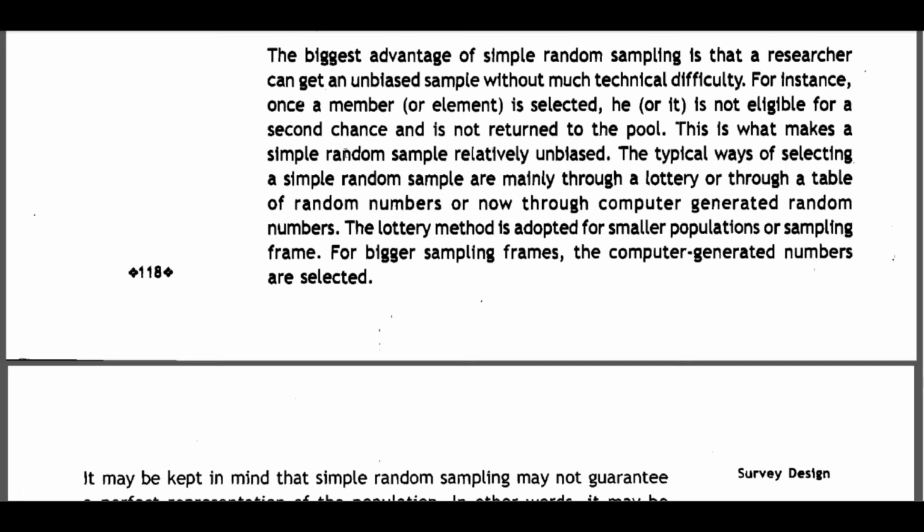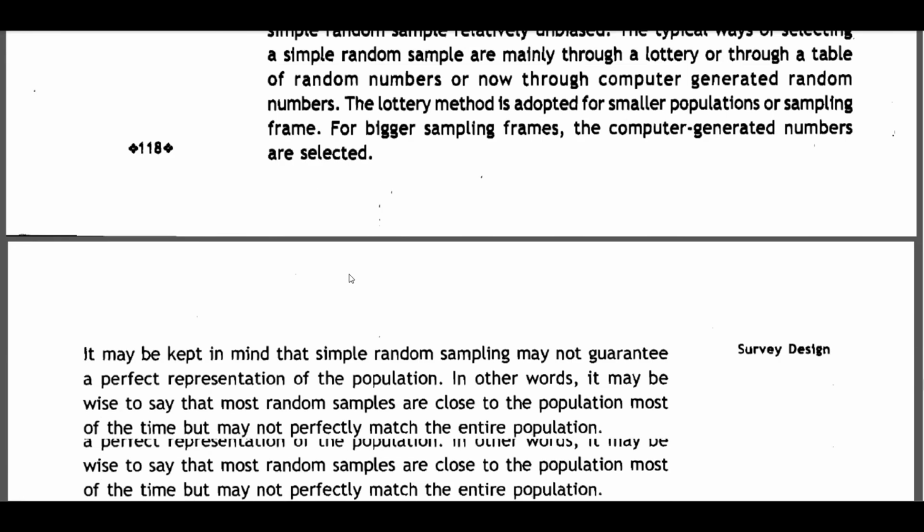This is what makes the simple random sample relatively unbiased. The typical ways of selecting a simple random sample are mainly through a lottery, through a table of random numbers, or now through computer-generated random numbers. The lottery method is adopted for a small population or sampling frame. For a bigger sampling frame, computer-generated numbers are used.